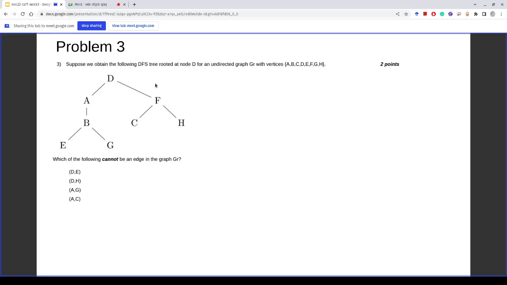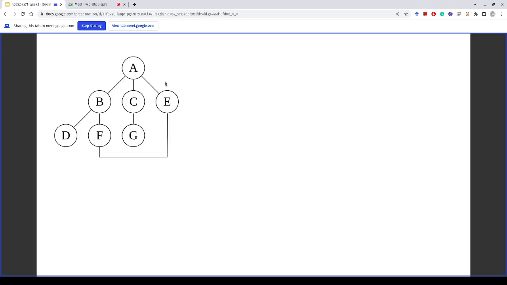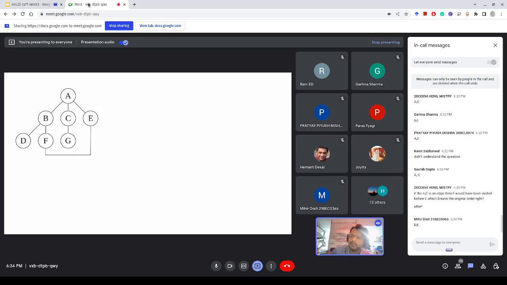Okay, let's look at what a DFS tree is first. You're given this graph G, and we are doing a depth first search on it. We are starting at node A, and visiting left nodes before right nodes. So we start with A, then B, then D, and then F. First tell me the order of visiting the nodes.